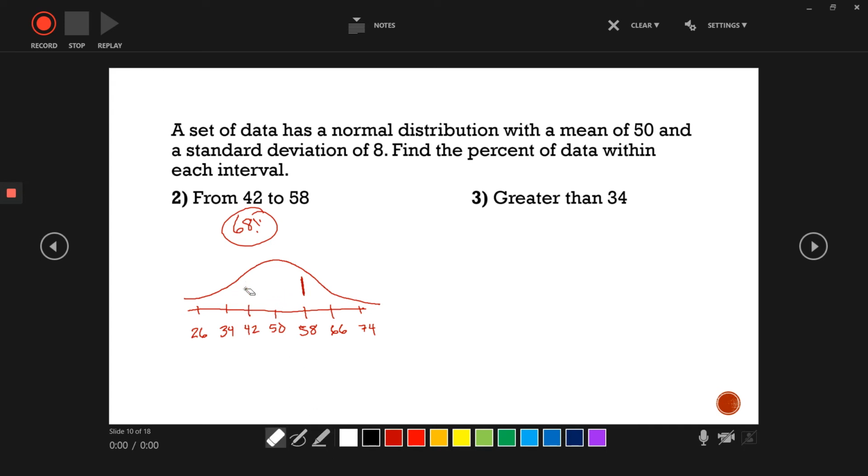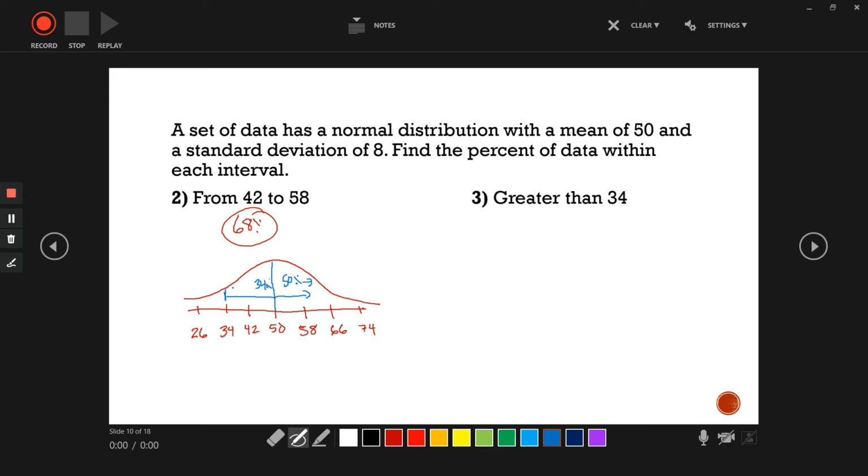Okay. Next, what's the percentage of people greater than 34? So here's 34, and we want everything up above. Okay, so if you remember, all right, so you think about it this way, everything from here on up is 50%, right? And then everything from here to here, this is that 34%.